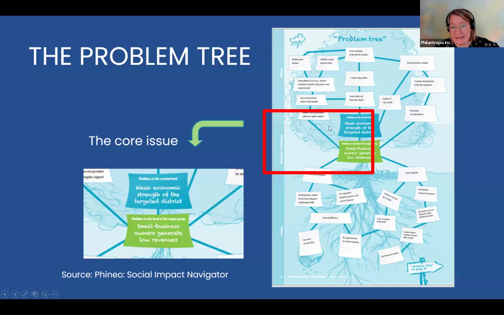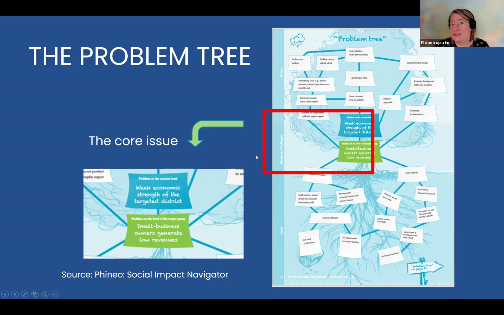So, as I said, in the middle, the trunk, you would put the core issue, the problem that you want to solve. And when you then write the text form of your project plan, this gives you the vocabulary. You can describe the tree, and it really gives you a good description of the project. The core issue needs to go on the trunk. And again, it's not that easy.